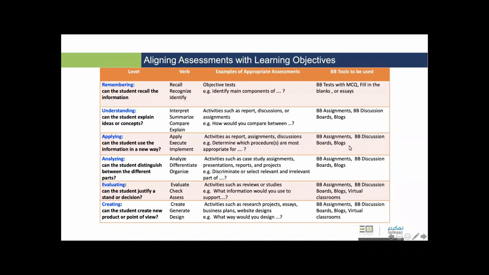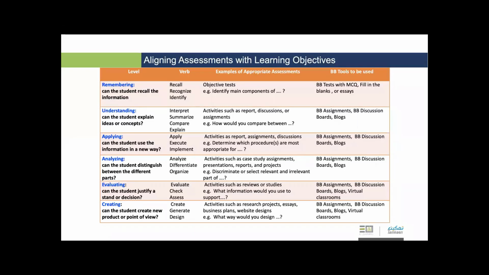And available tools are Blackboard assignments, Blackboard discussions, or virtual classrooms. And finally, if you want your student to create a new product or point of view, you can ask them to create something or generate or design, with such activities as research projects, essays, business plans, or website designs. And the available tools in Blackboard are Blackboard assignment, discussion boards, blogs, or virtual classrooms.